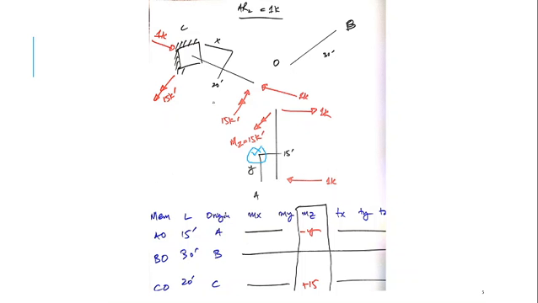The origin is A. This forms a clockwise moment, 1 into Y. Resistive would be minus Y, anti in Z direction. This is minus Y.